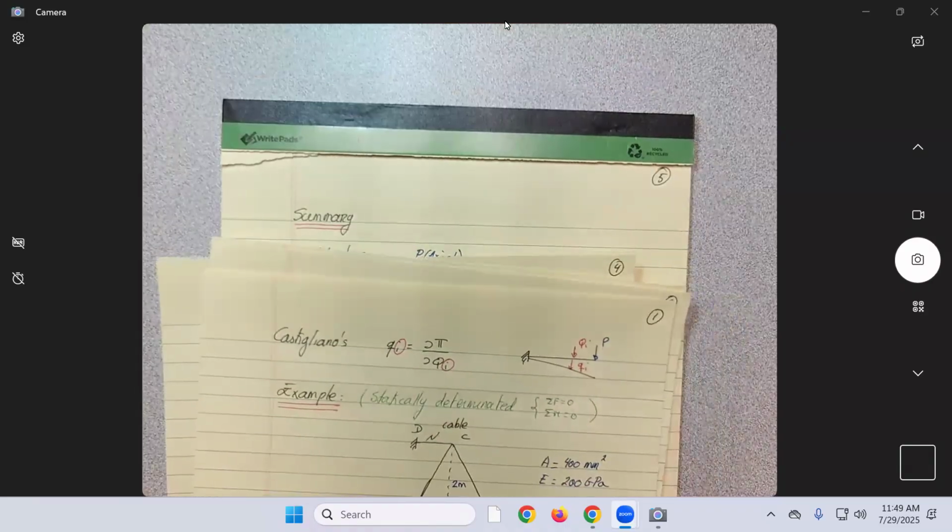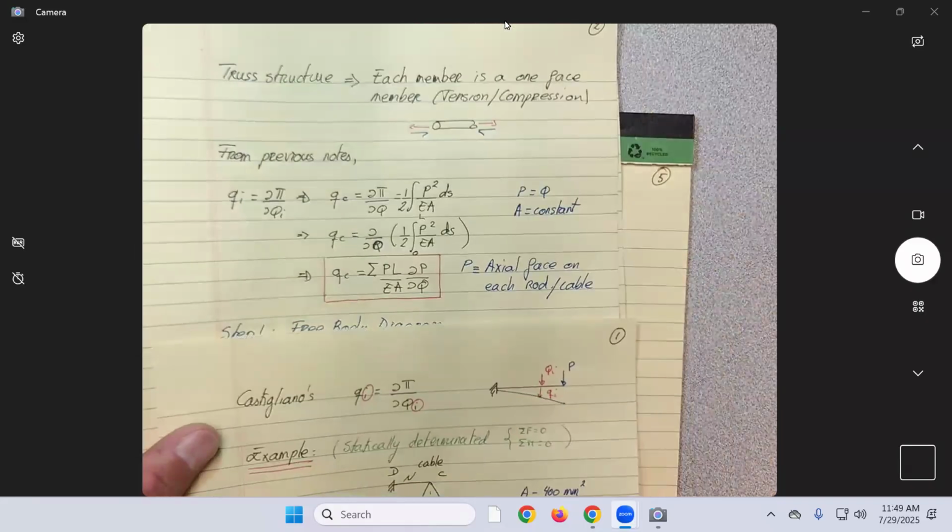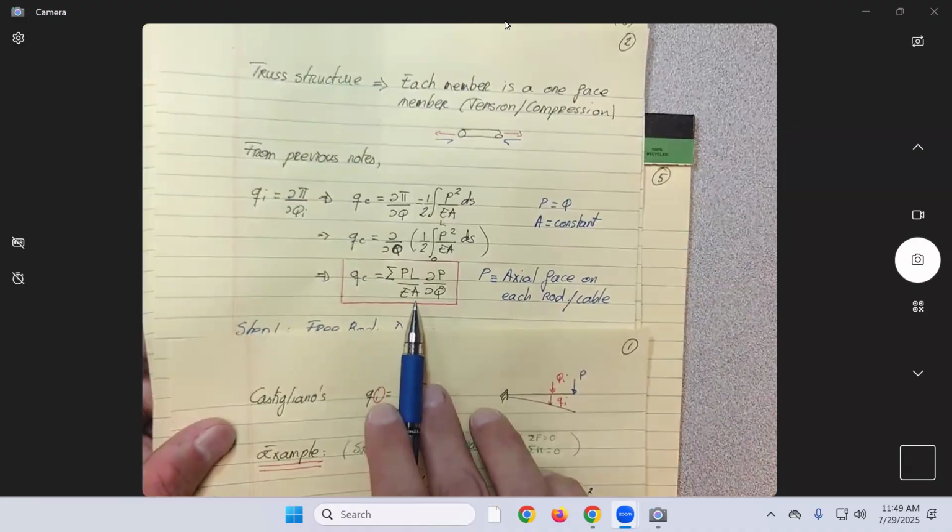Now, I'm probably going to write it down again somewhere over here, but if you remember, we have this equation right here. We need to apply this equation. So what is this equation?